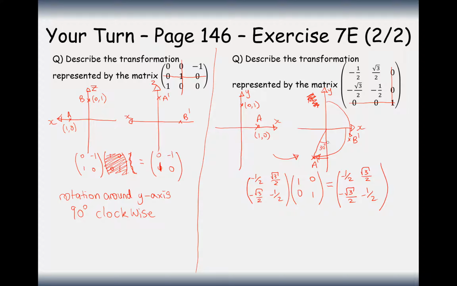But it's not a whole 30 degrees because I've also had to rotate around 90 degrees as well. So in this case here, the answer to what this transformation is, it's a rotation around the z-axis by 120 degrees, and this time it was clockwise again.